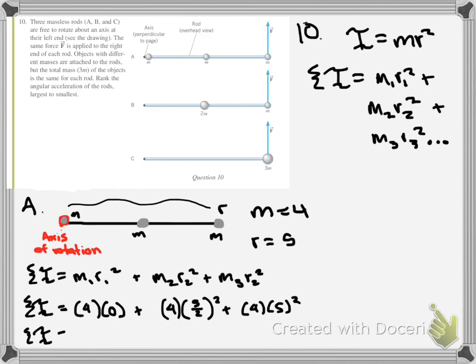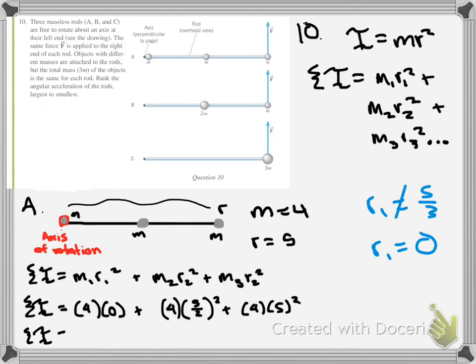Okay, I'm sorry, I made a mistake. R1 is not equal to 5 over 3. R1 is equal to 0 because it's right on the axis of rotation, so you just assume that it's 0.